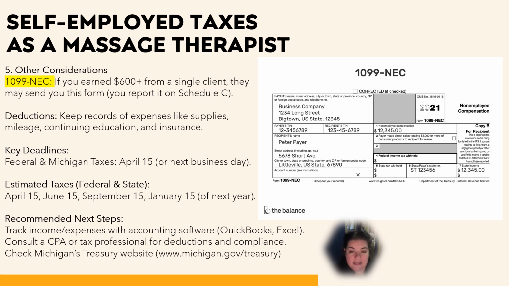So if you had 10 clients that all paid you more than $600 and you just totaled all of those 10 together to report as your income, and then one of those 10 clients sent you this form, the 1099 NEC, something extremely important for yourself to keep in mind is to then remove this amount from the total that you had compiled together so that now you have 9 of your clients in a lump sum, and now you have this 10th client set aside reporting this income on this 1099 NEC rather than on your Schedule C in this lump sum, because you don't want to double report this income from this singular client sending this in.